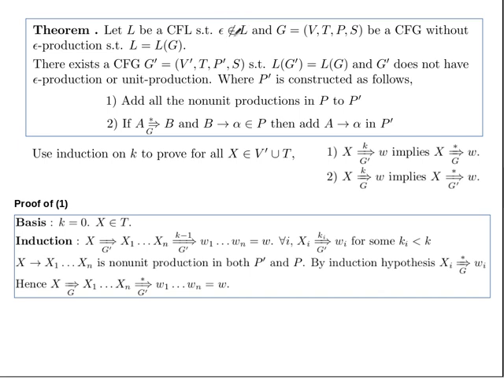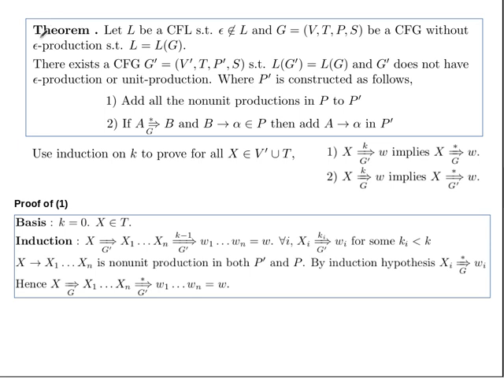So this does not contain epsilon, such that L is accepted by this G. Then there exists another equivalent G prime accepting the same language, such that this G prime does not have any unit production or epsilon production, right?